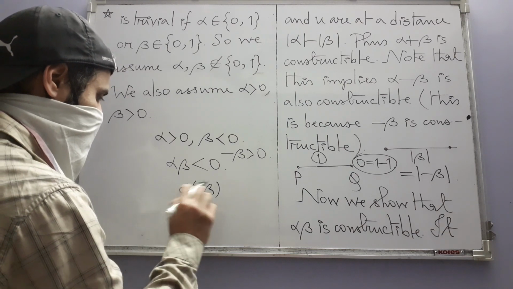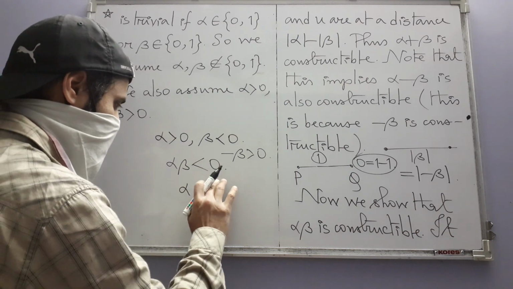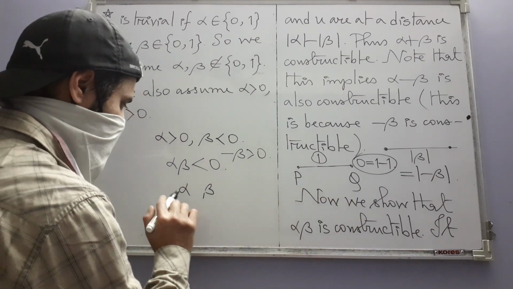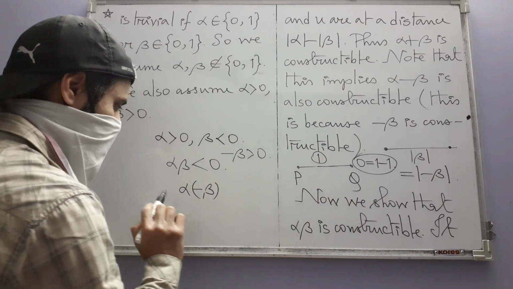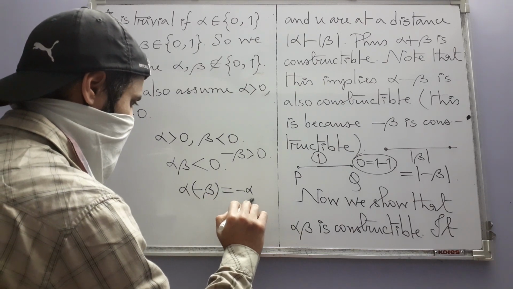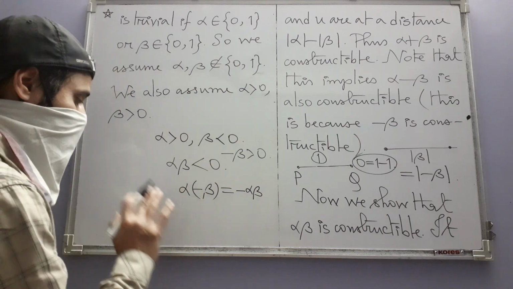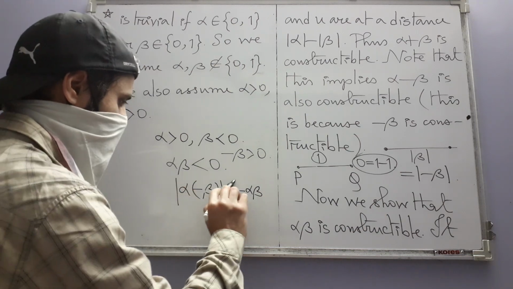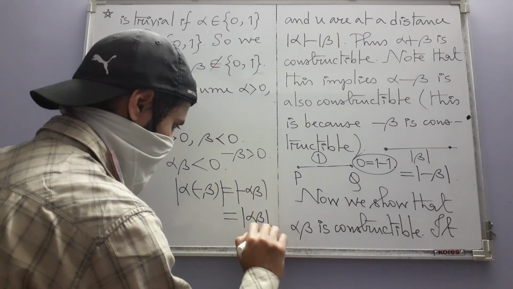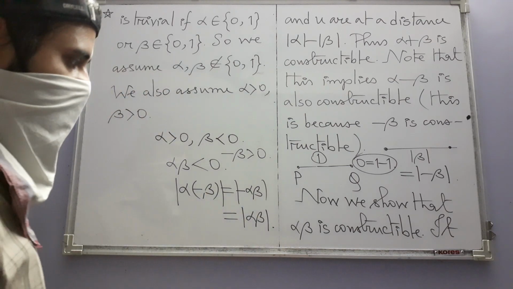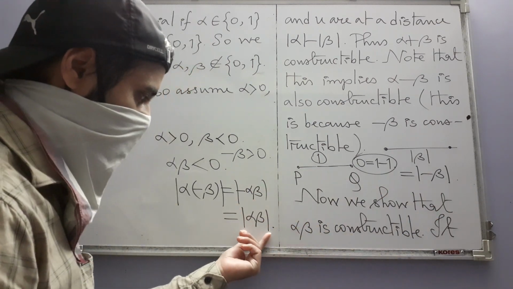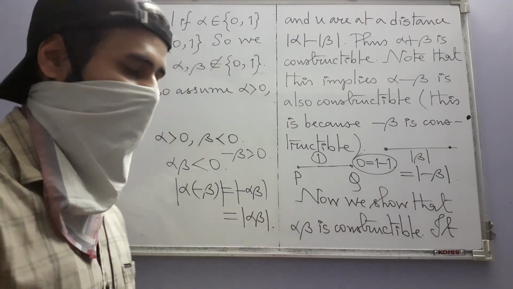But that means there exist two constructible points such that the distance between them is this product, which is not this product but this thing, but that is also equal to this, which means that two constructible points are there such that the distance between them is the absolute value of alpha beta.